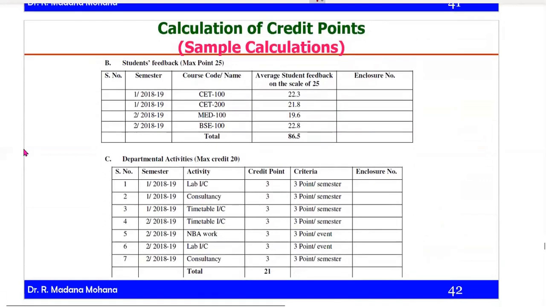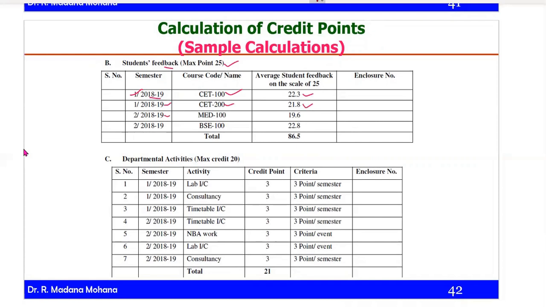For students feedback, maximum weightage is 25. So for one academic year, first semester course 1, the average student feedback on the scale of 25 is 22.3. This can be calculated based on the feedback questionnaire. Then second course in the same academic year, let us say 21.8.